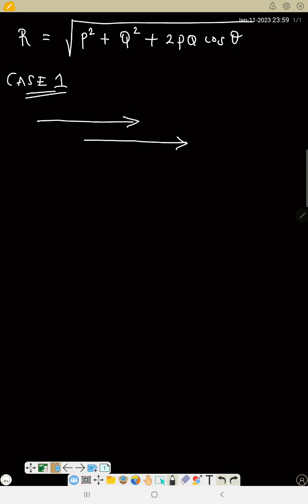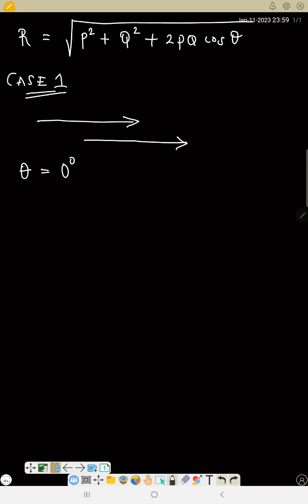So take note now. If two vectors are parallel and act in the same direction, then theta, the angle between them, is 0. Now if the angle between them is 0, what is their resultant? Let's see their resultant. So go back to this general formula.